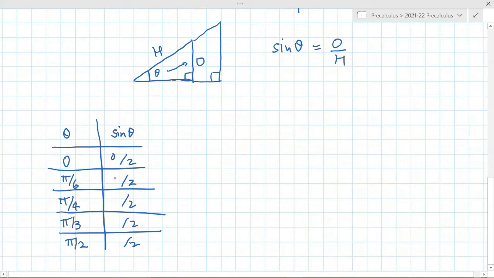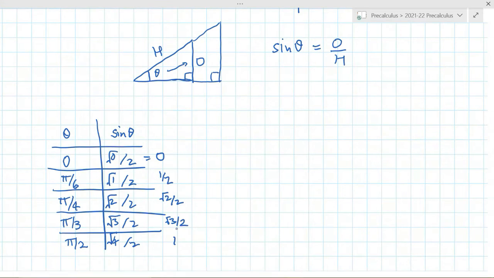And this is 0, 1, 2, 3, 4. And then you put the root. Correct? So this is 0. This is 1/2. This is root 2 over 2 or 1 over root 2. And this is root 3 over 2. And this is 1. These are the special angles, and then the other values will also be there.